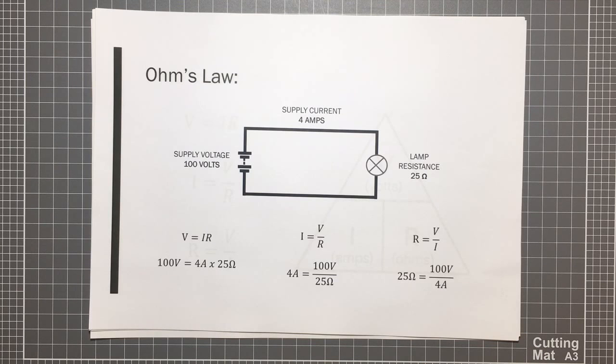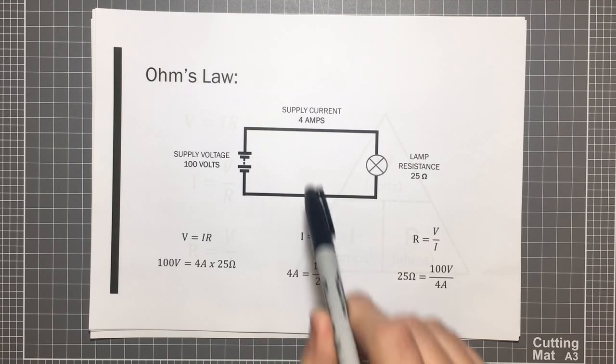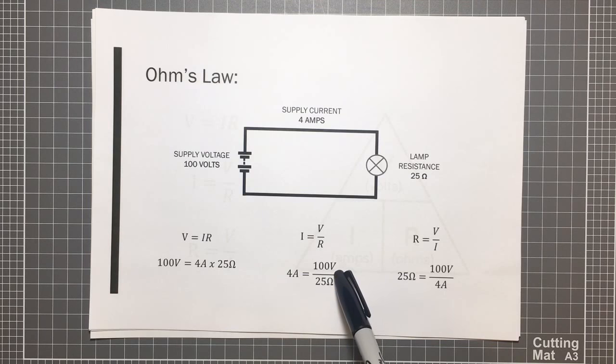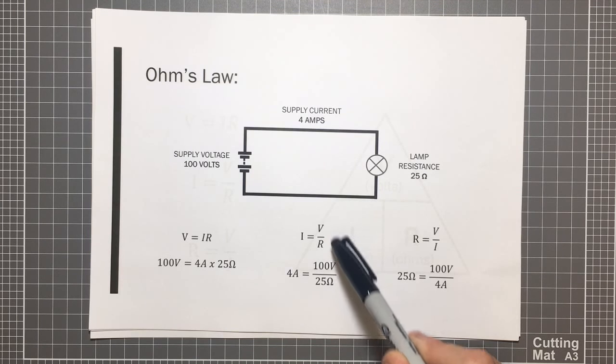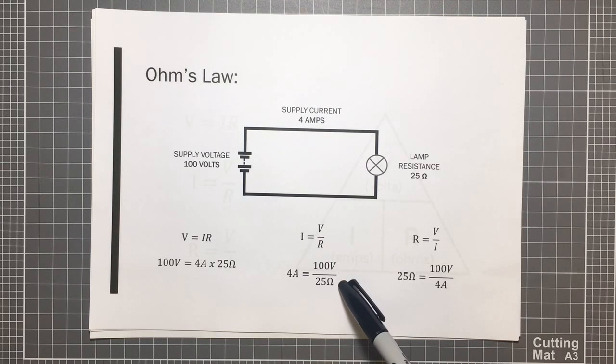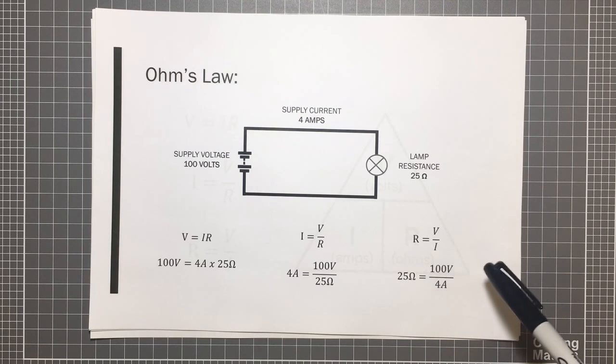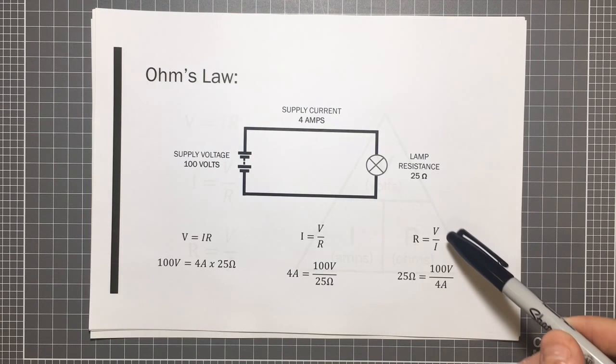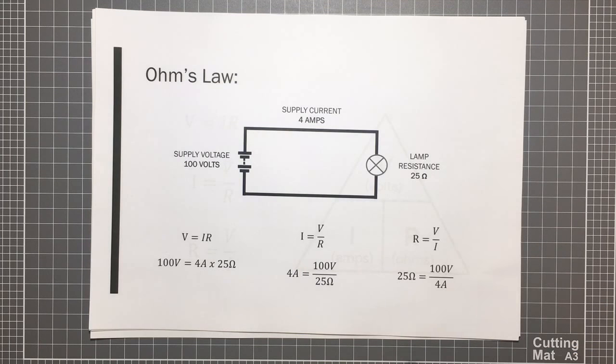So we can see that Ohm's Law in this case is true, and this circuit is correct. Similarly, I, 4 amps, is equal to 100 divided by 25, the volts divided by the resistance. Again, it's a true statement, and the same for R. We've got 25 ohms of resistance, and that is equal to our 100 volts divided by our 4 amps.